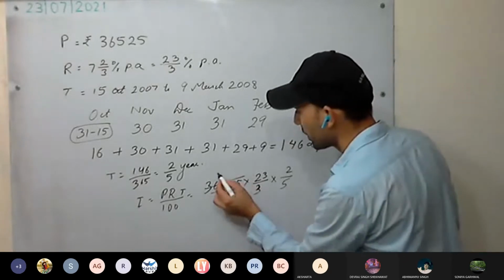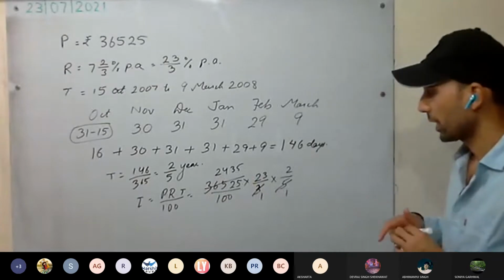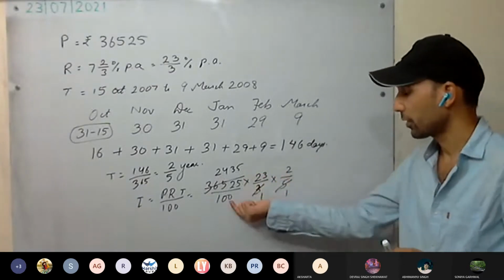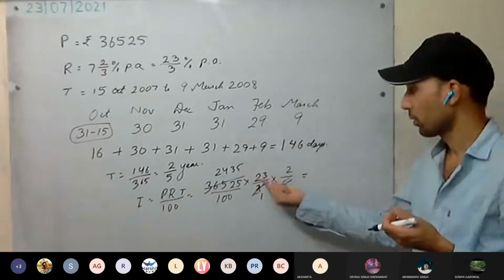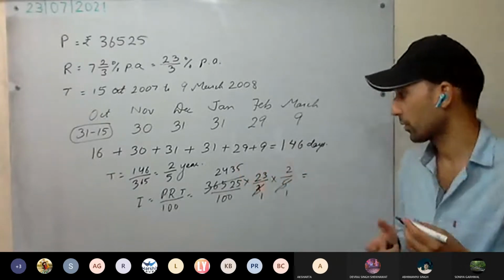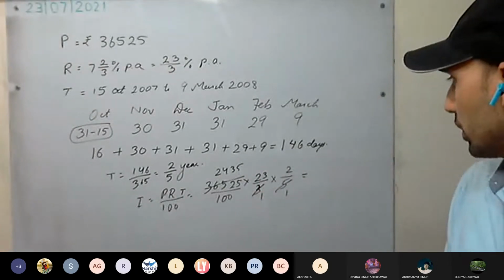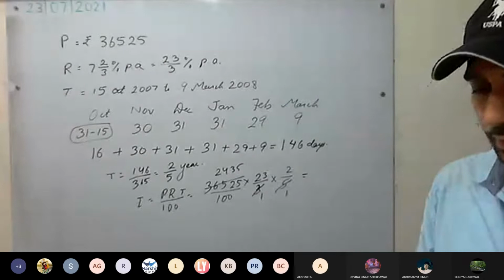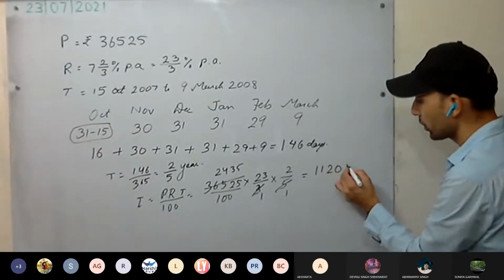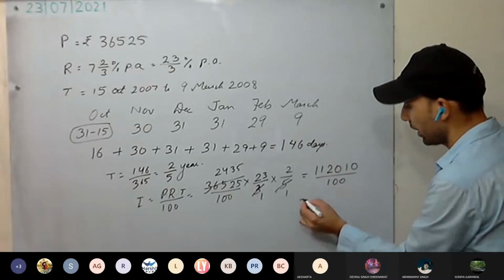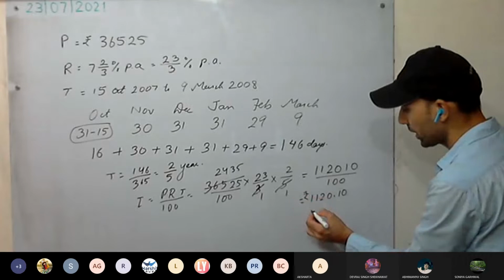Are you getting 2435 and 11? Multiply them now and divide by 100 afterwards. You can convert to decimal. Multiply with 23 first, into 46. 112010 divided by 100. Are you getting this much? This much rupees is the interest.